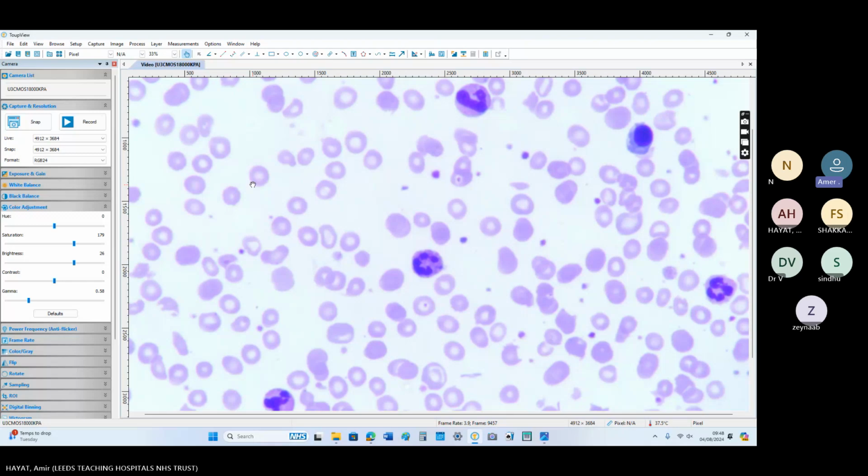Then the last question would be, what is the immediate management of this particular patient? This patient needs to be admitted to the hospital if he's in the community. We need to control his blood pressure urgently, if that's the cause.